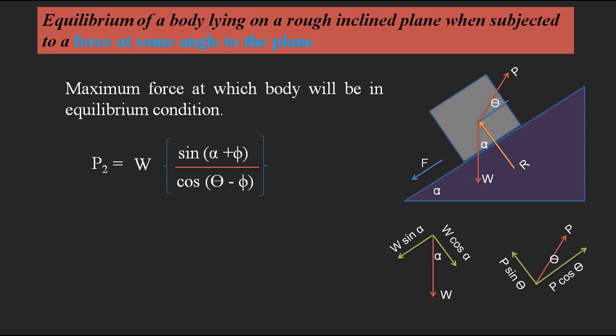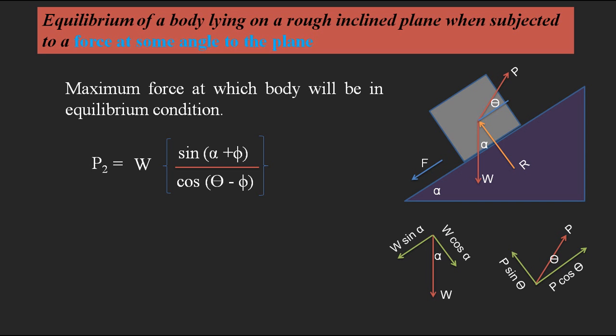So again here the frictional force will be acting opposite to the motion in which it tends to move. Okay, so this is the procedure that we can easily understand, because already we have discussed it 2 times and 3 times according to case 1 and case 2.